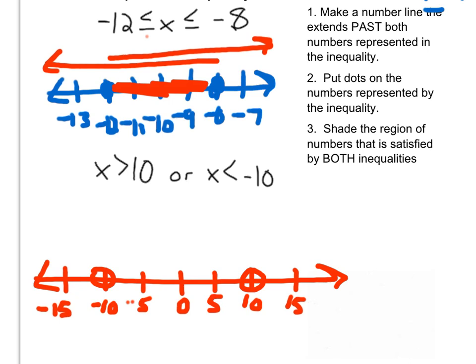Well, x is greater than 10, that shading would be this way. Or x is less than negative 10, that shading would be that way. For an OR inequality, it's only got to be one or the other. So I'm going to shade both parts for an OR inequality.